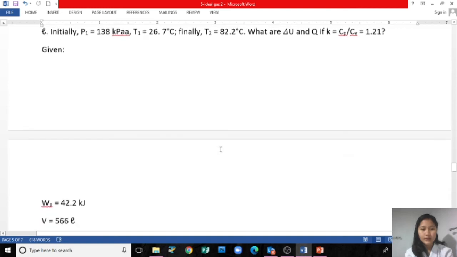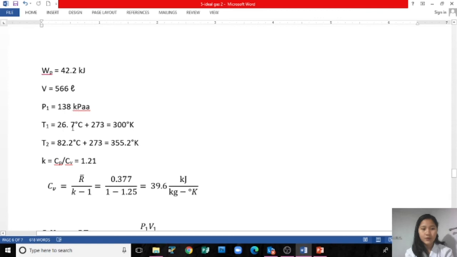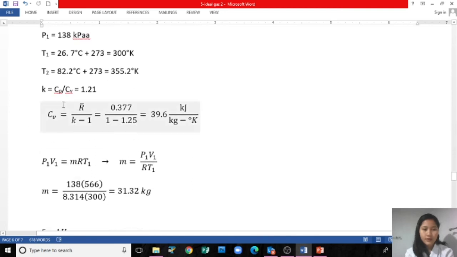So the given here, remember the given, for the T sub 1, we have to convert it into degrees Kelvin, as well as the T sub 2, so we just add 273. And then for the CV, since the specific gas constant is not stated in the problem, then we're going to use the universal gas constant.